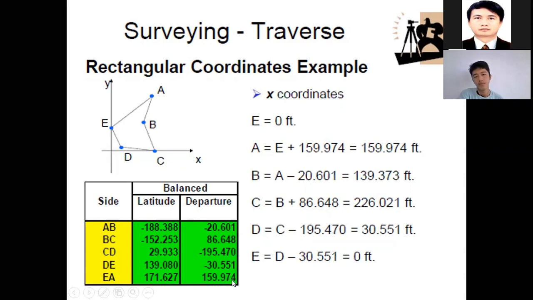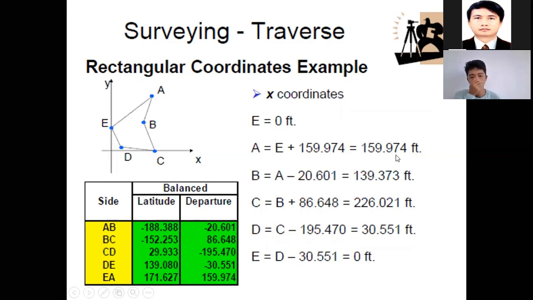This is 159.974. Kasi from point A, the component we add is this one. So this represents the departure value of the line segment EA. So A is E, which is 0, plus 159.974. This will give us this value.